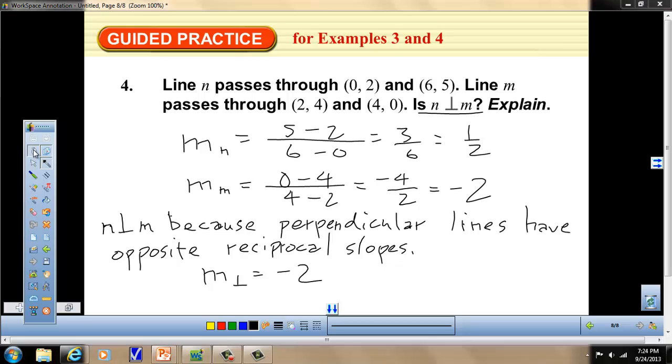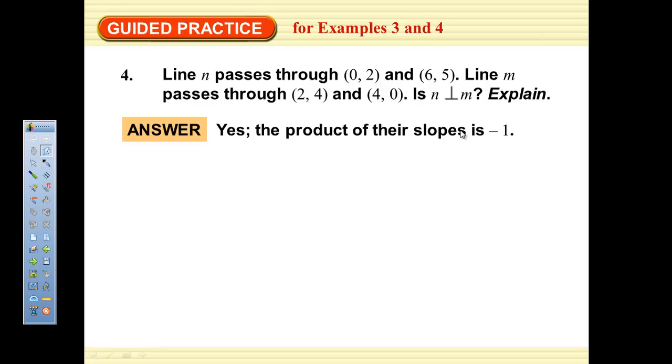Okay? So again, looking at this, the product of the slopes is -1, or you can say they're opposite reciprocal slopes.